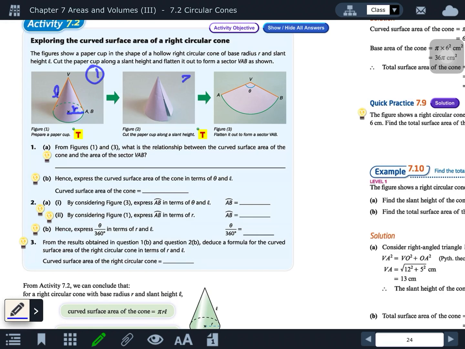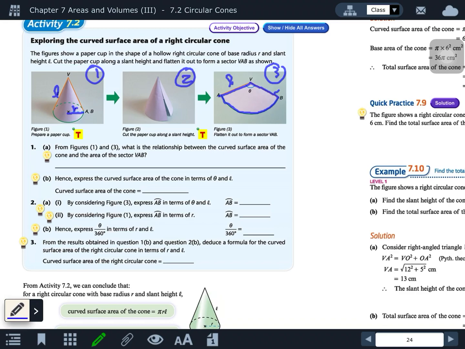After figure 2, we cut it out and get the sector like this in figure 3. Don't forget, if we have cut it out, VA and VB are the length L, just like figure 1.